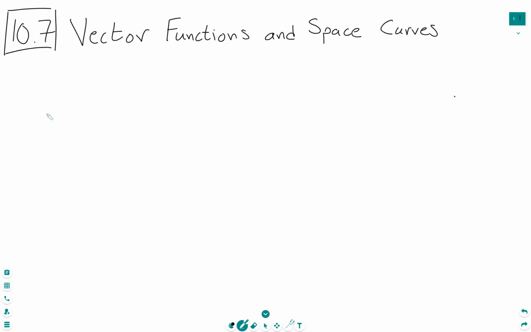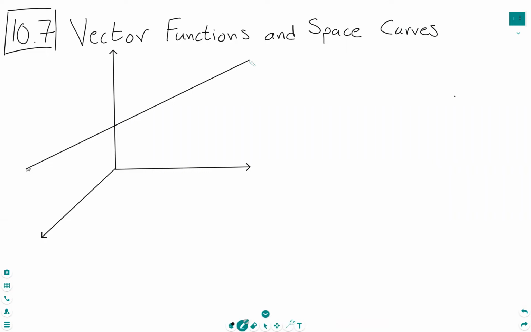All right, so rather than how we did a line last time, recall that to do a line, you're in R3, 3 dimensions, and we had some straight line here.